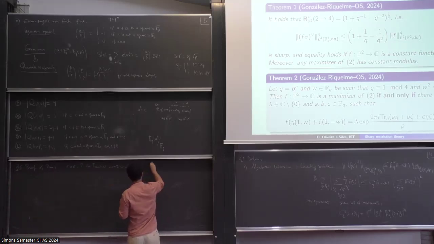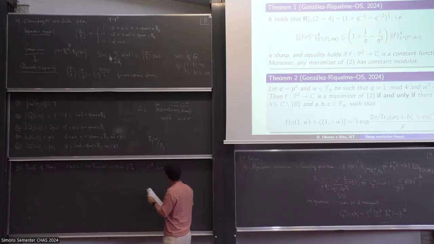Turns out that sigma hat, this is well known, is the sum of the Dirac delta at the origin plus what's called the Bochner kernel, which is defined in the following way.